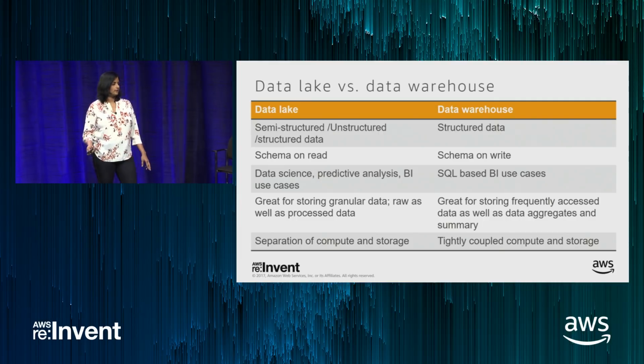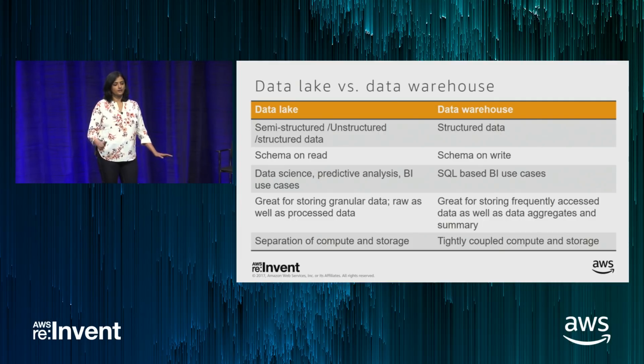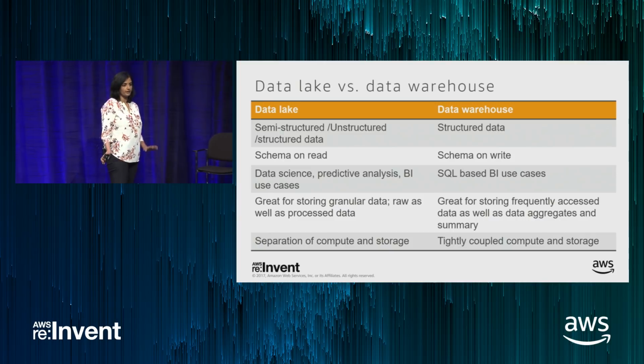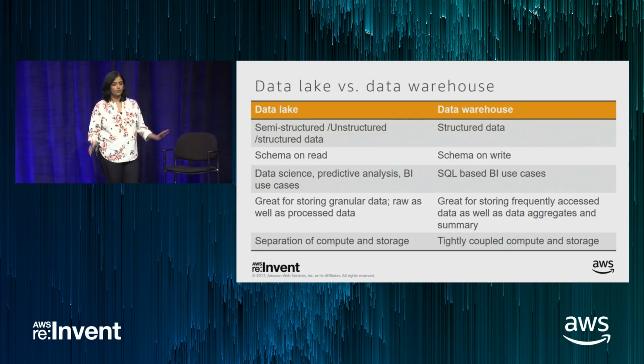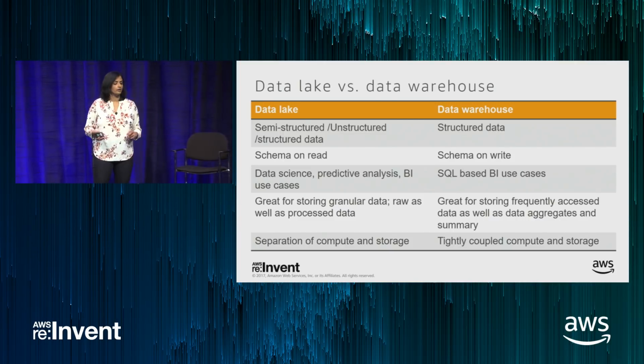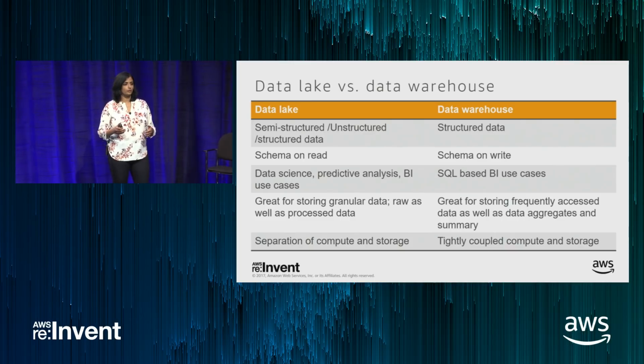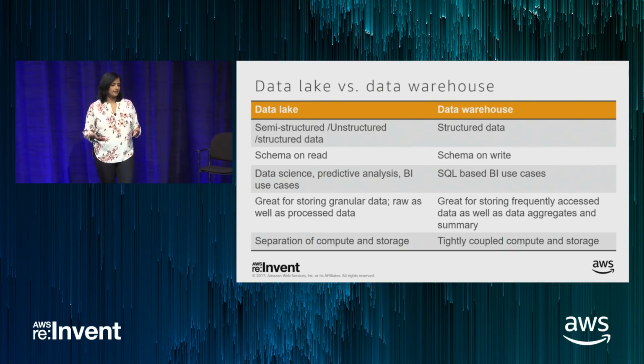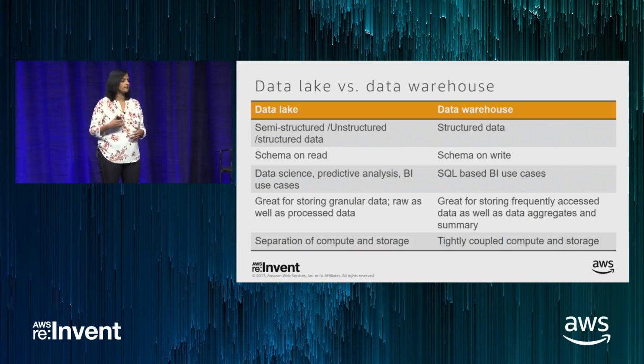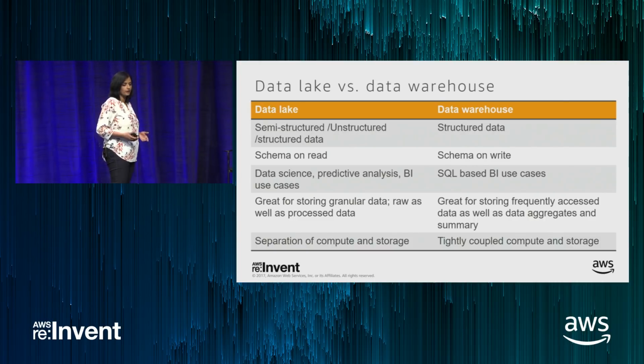So let's take a look at what a data lake offers, as well as what a data warehouse offers, and when to use which. A data lake helps you store a variety of data formats. These could be structured, semi-structured, or unstructured.